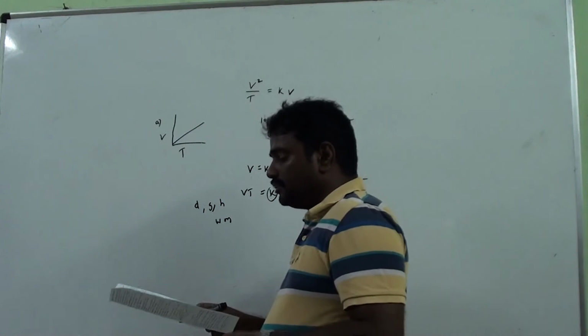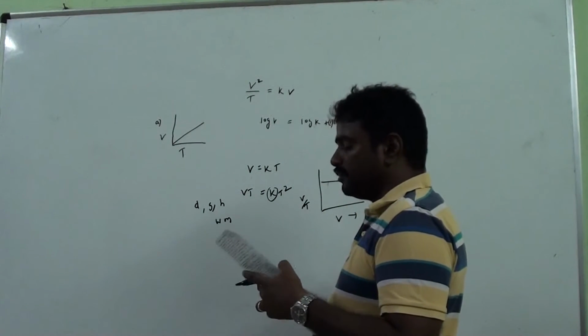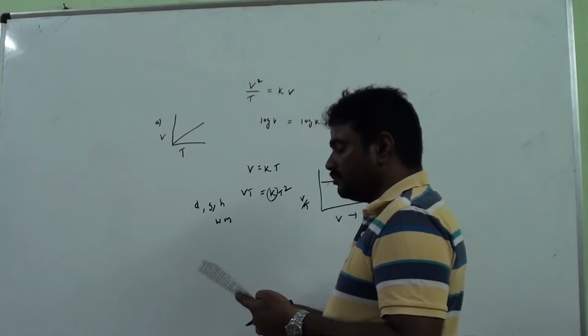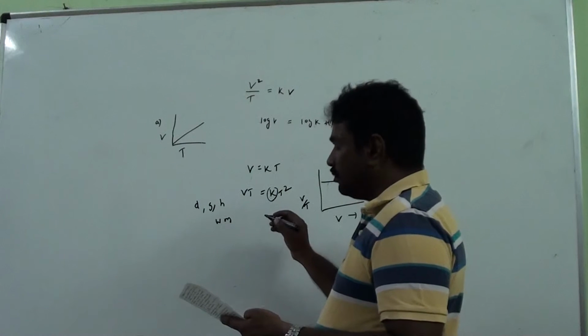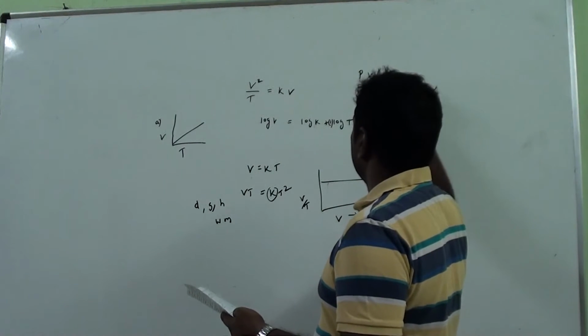Okay. Next, select the number of curves that do not represent Boyle's law. A represents it perfectly. B: log P. So PV equals constant, that's Boyle's law.